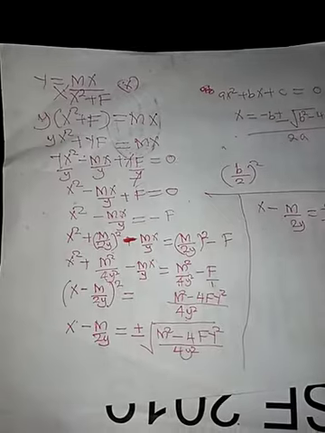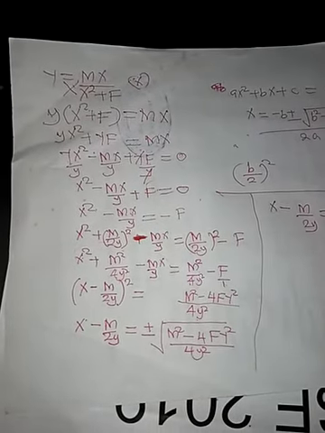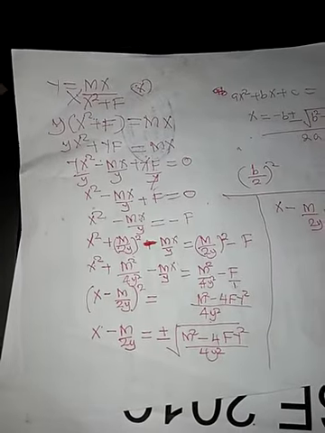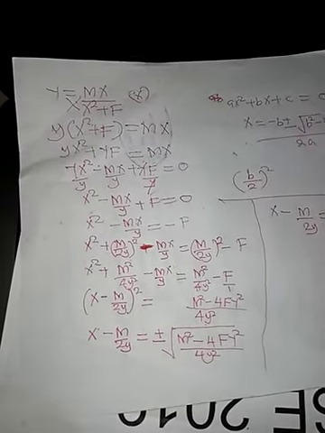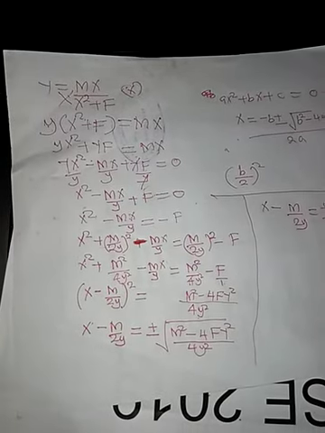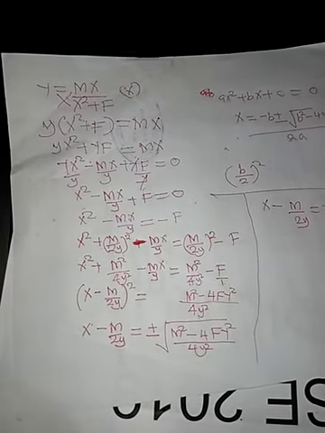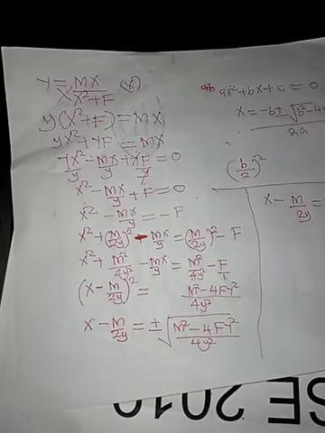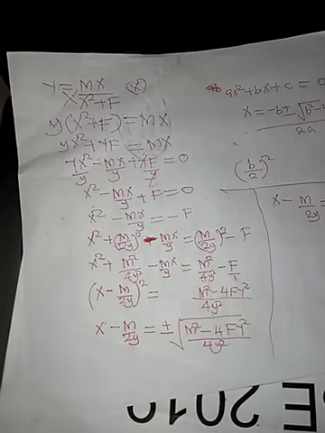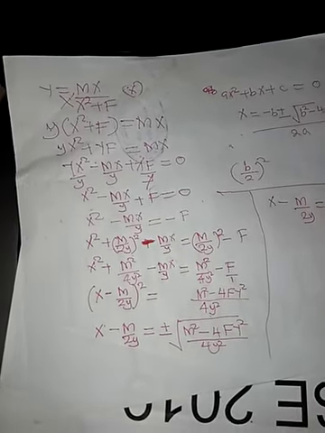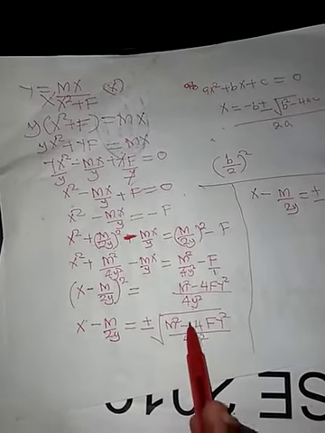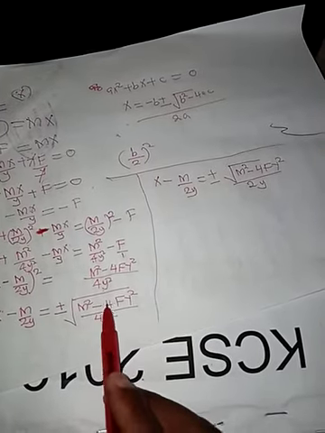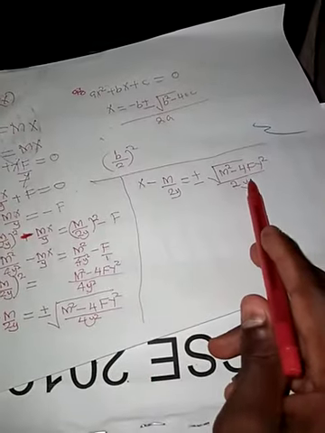When we get that, we will have the square root of m squared minus 4fy squared over 2y. So we have gotten the square root of this one, and that gives us now this one.